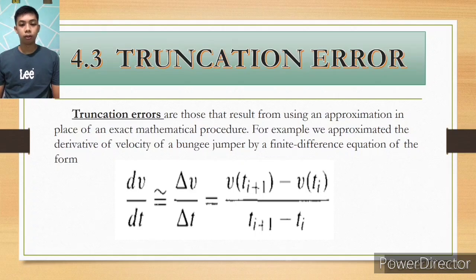Next is truncation error. Truncation errors are those that result from using an approximation in place of an exact mathematical procedure. For example, we approximated the derivative of the velocity of a bungee jumper by a finite difference equation of the form: dv/dt approximately equals delta v over delta t, which equals v(t_i+1) minus v(t_i) all over t_i+1 minus t_i.